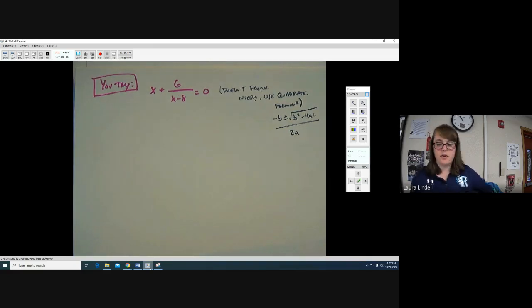Notice there's a hint over there as well. It does not factor nicely at the end, so use the quadratic formula. And when you're done, type done in the chat.